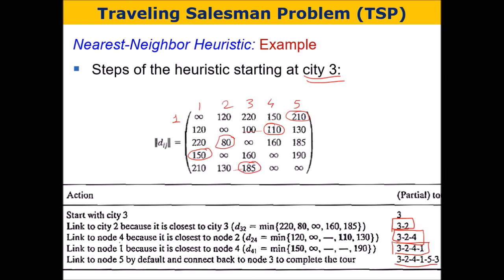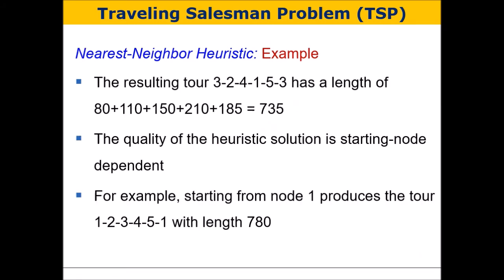So when you add up these, you will find the total distance of this solution. So the total distance, when you add up those, is 735.